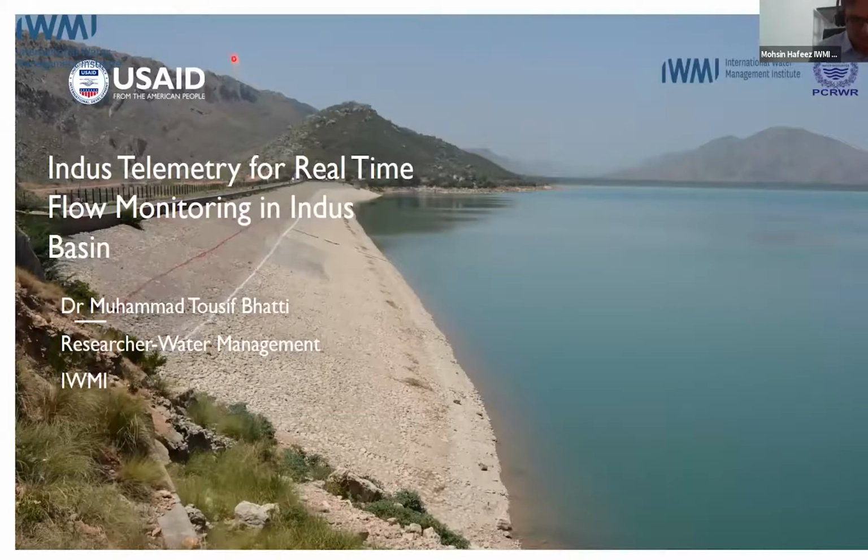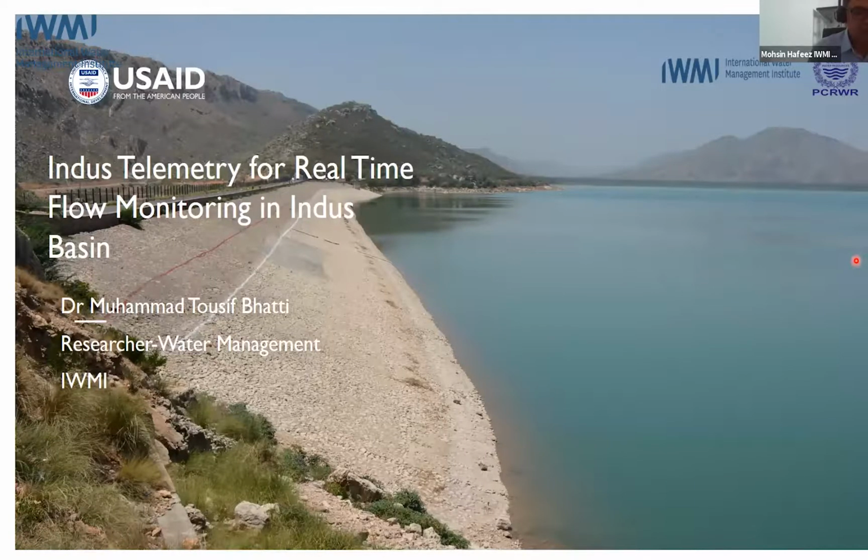The next speaker is Dr. Tosif Bhatti, researcher with IWMI Pakistan, and he will be talking about Indus telemetry for real-time flow monitoring in the Indus Basin. Let me give a quick biodata of Tosif. Tosif is an agricultural engineer by training and earned his PhD in water resources engineering. After his PhD, he has worked for more than a decade as a water professional and researcher.